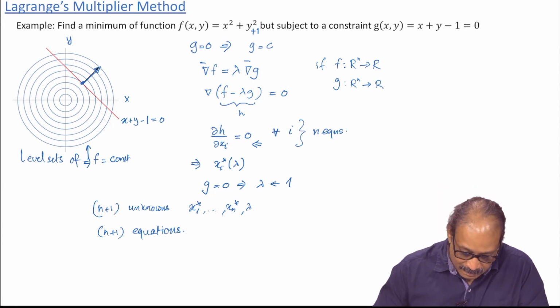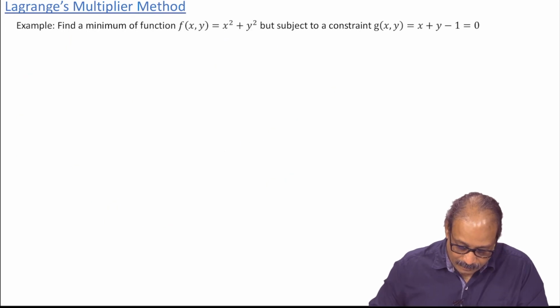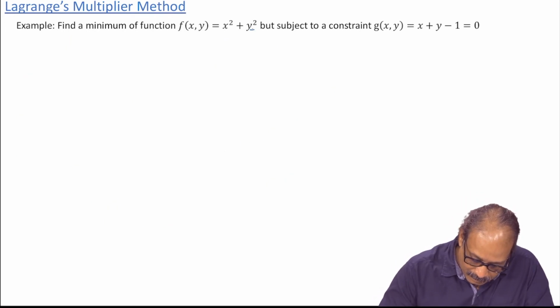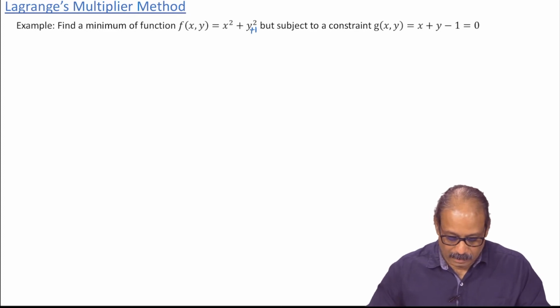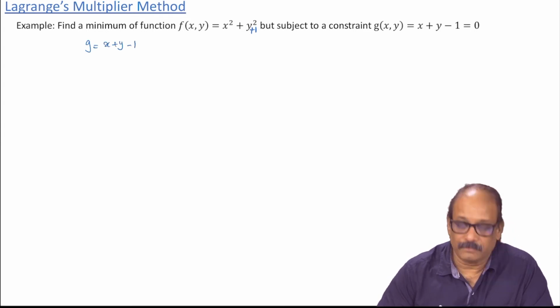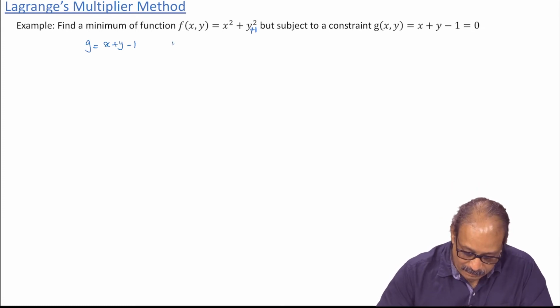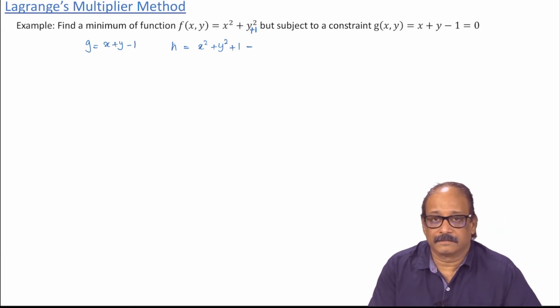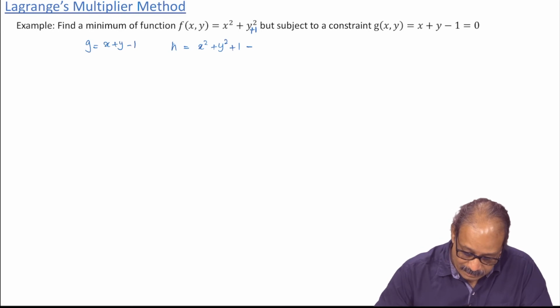Let us apply this to the example at hand. So, for this problem, your g is x plus y minus 1. Okay. Let us construct the function h. Function h will be equal to x square plus y square plus 1, minus lambda times x plus y minus 1, so lambda x minus lambda y minus lambda.